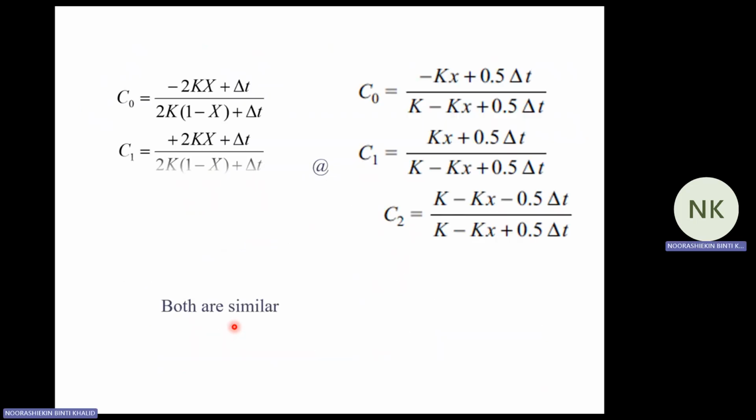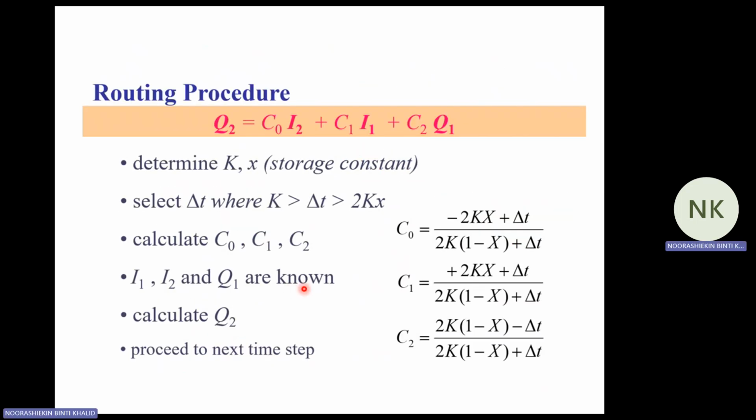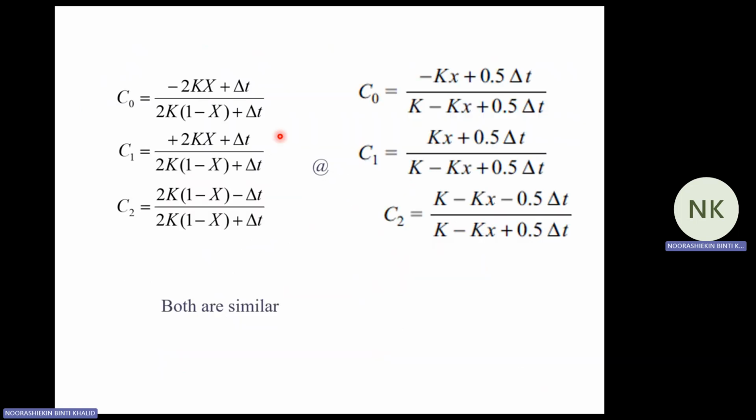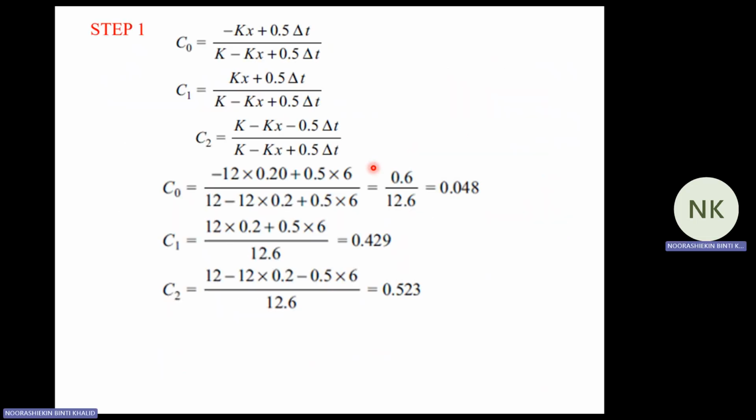In the book, this equation is stated, and another one, you can see this equation. Both are the same. Delta time divided by 2 gives 0.5. This is mathematical.